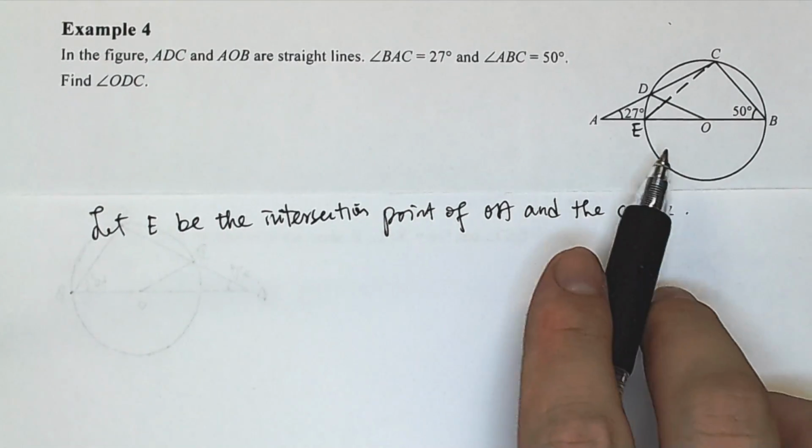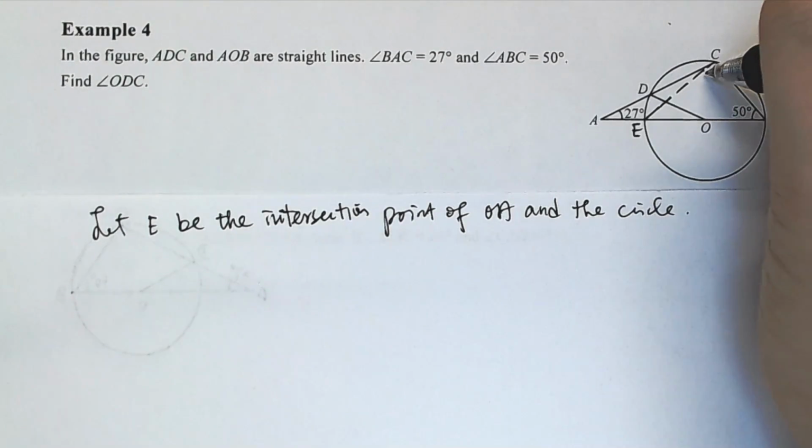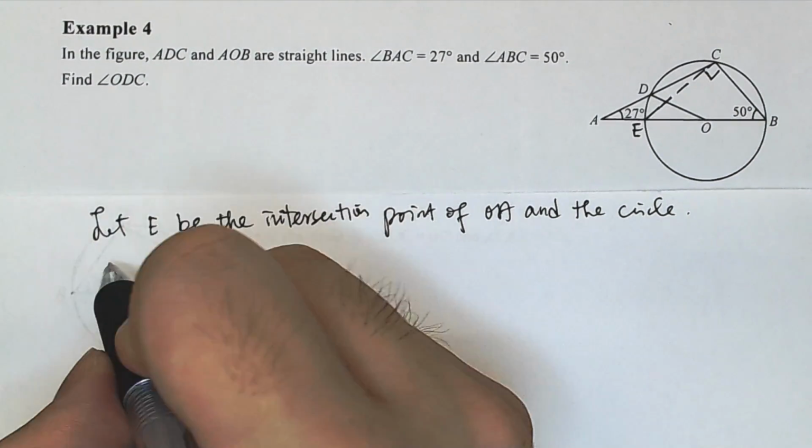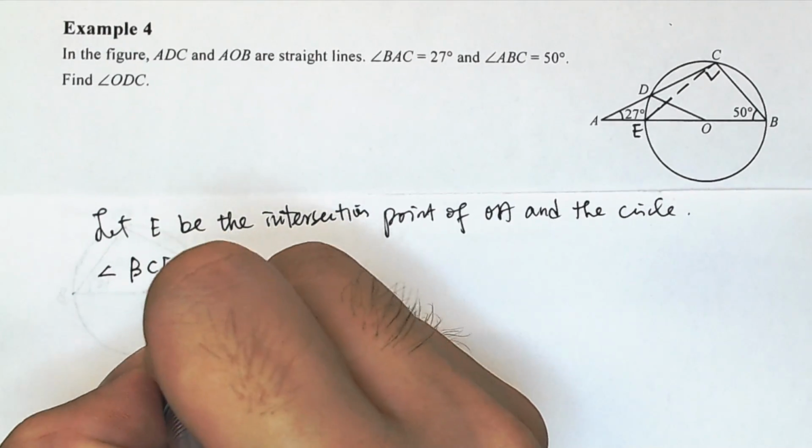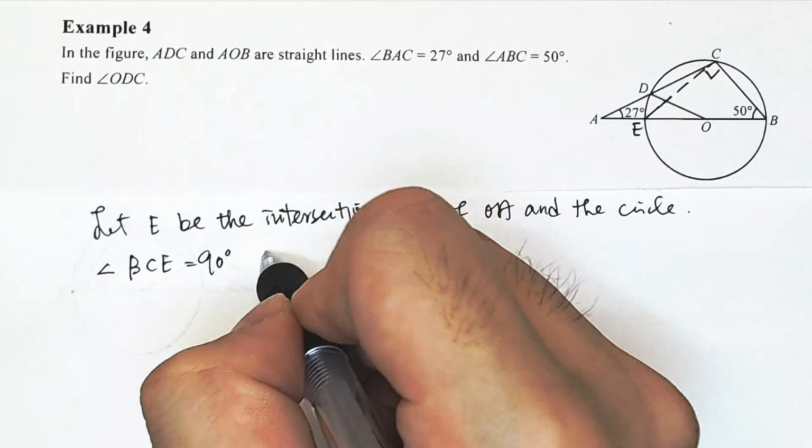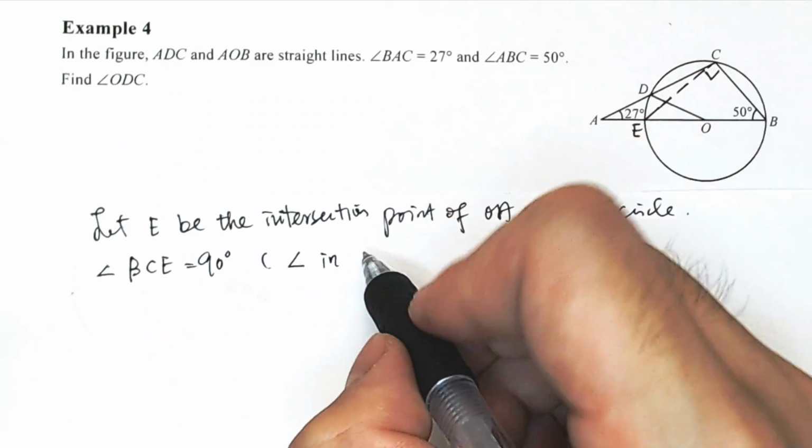Now, when you have this point, you will have angle BCE being 90 degrees, angle in semicircle.